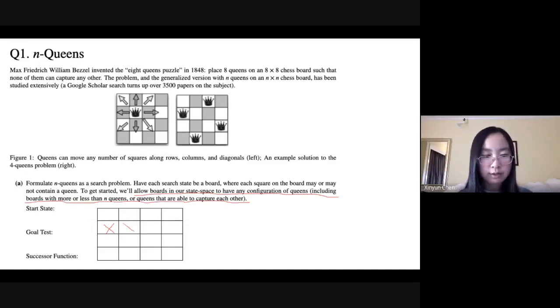Here is an invalid way to put the next queen, but for the purpose of designing the state space and also the successor function, for now we just consider all of them as possible next steps, although we know that some of them will never lead to the solution because it already violates the N queens rule. Okay, so this is for part A.